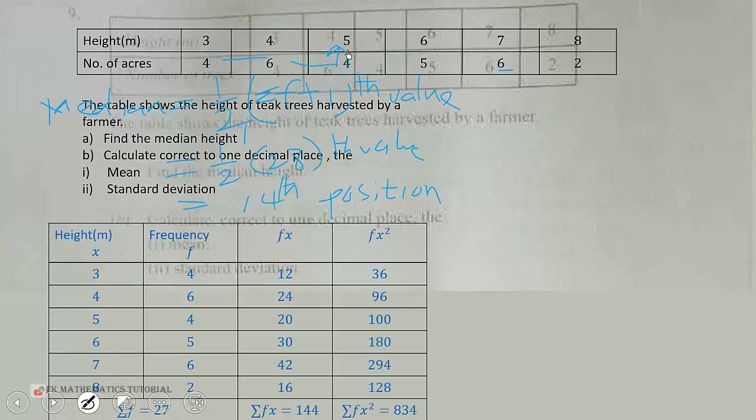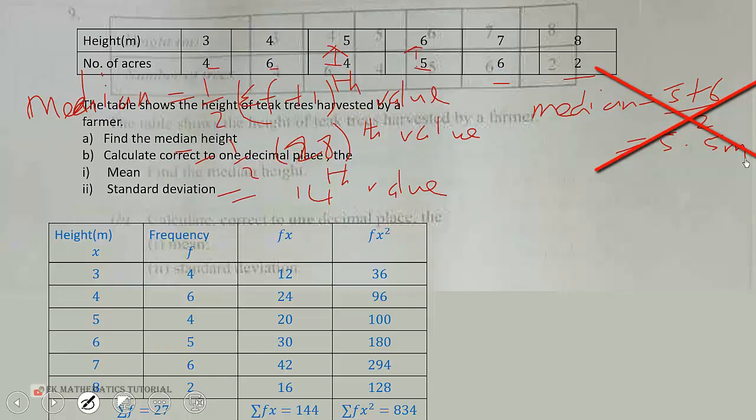So that one is pointing to this. So it means the median value is 5. So the median height is 5 meters.